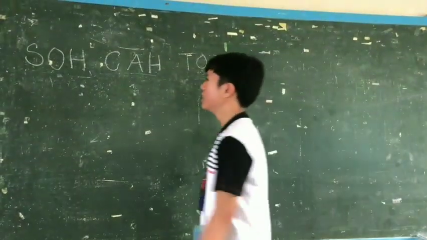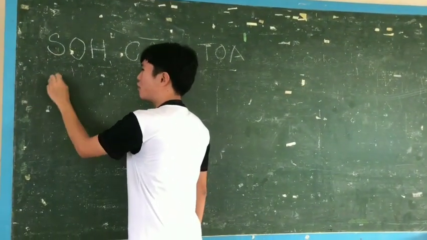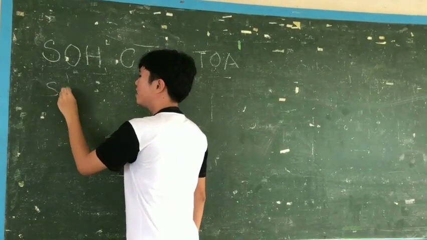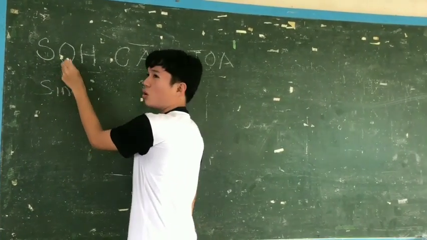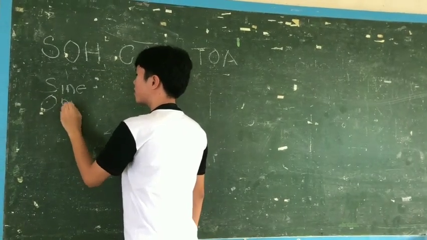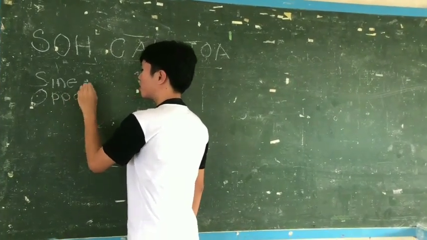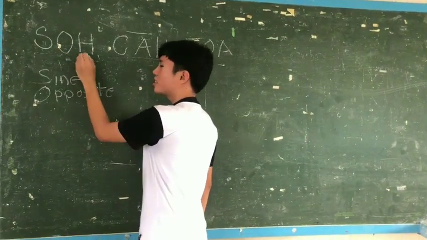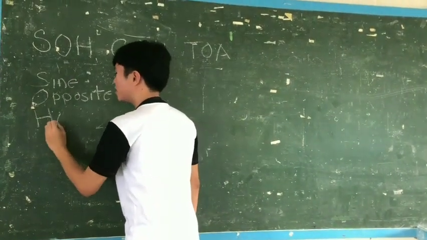Key points. S stands for sine, O stands for opposite, and H stands for hypotenuse.